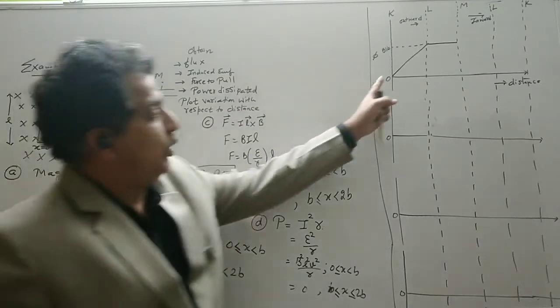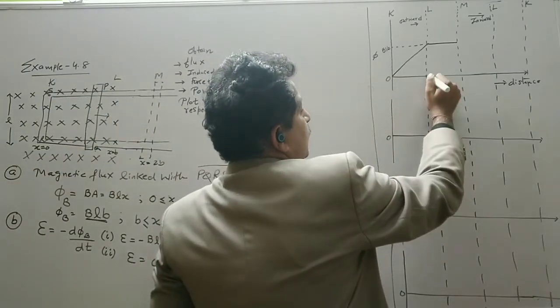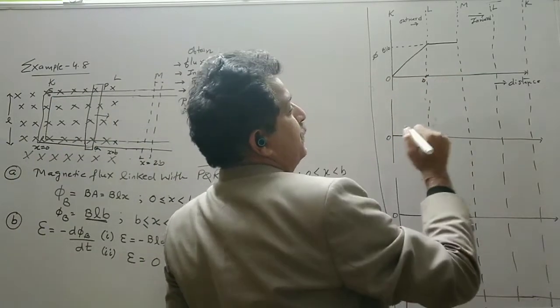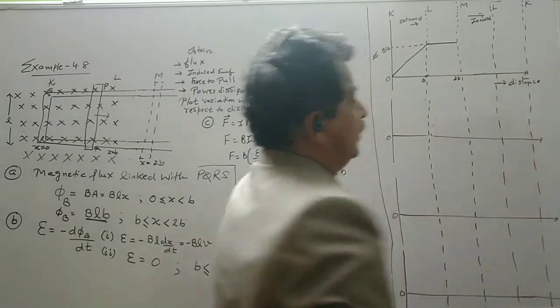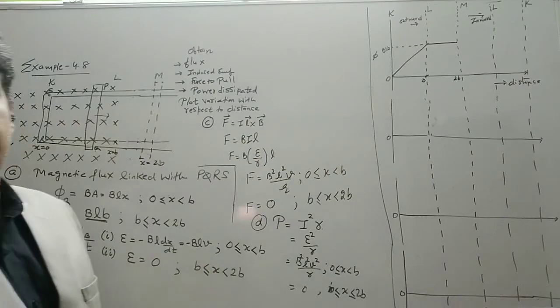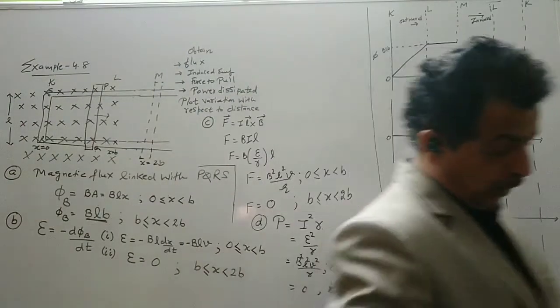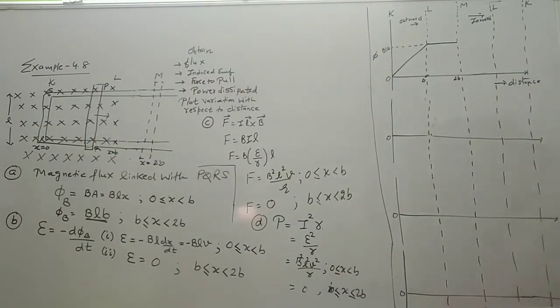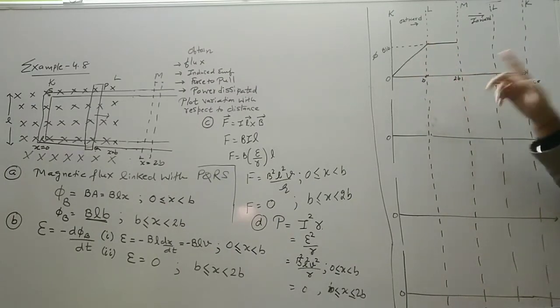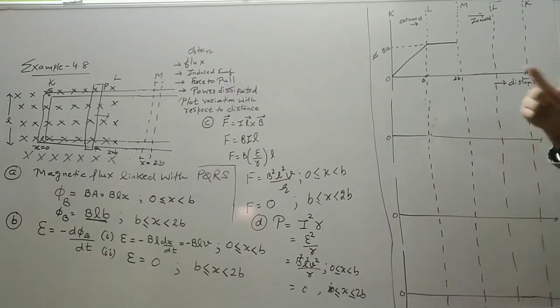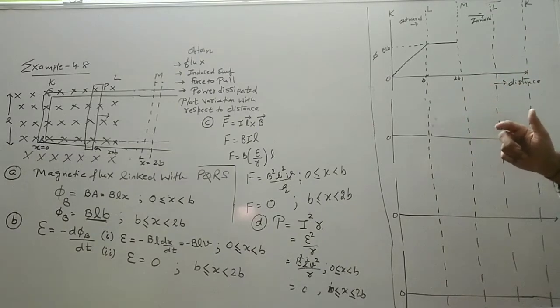So from 0 to B, that is point B. Then from B to 2B, the flux becomes constant: BLB plus 0.